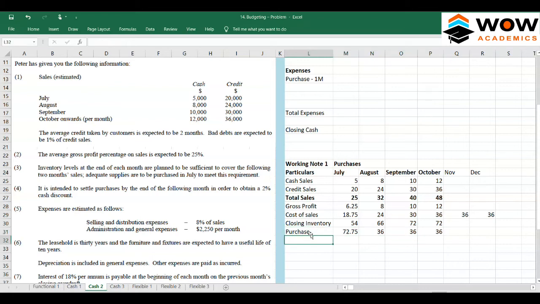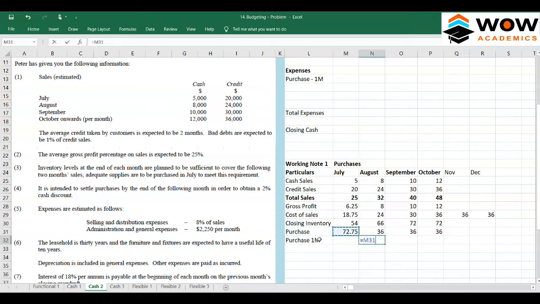And when is the payment made? So it is intended to settle purchases by the end of the following month in order to obtain a 2% discount. So we can put it like this. It is purchase which is 1 month, and they will get 98. So when will this be settled? 1 month later it will be settled.